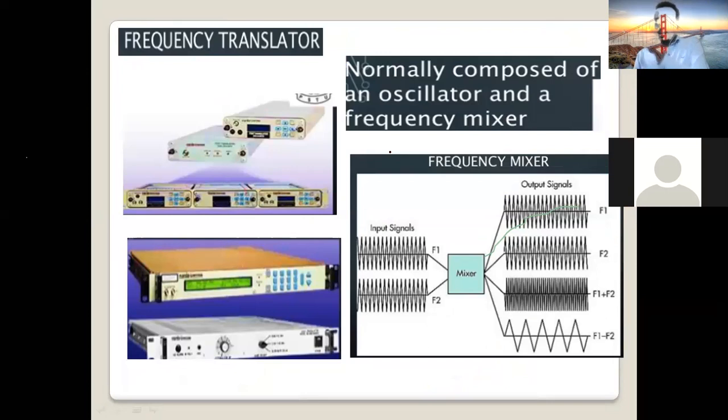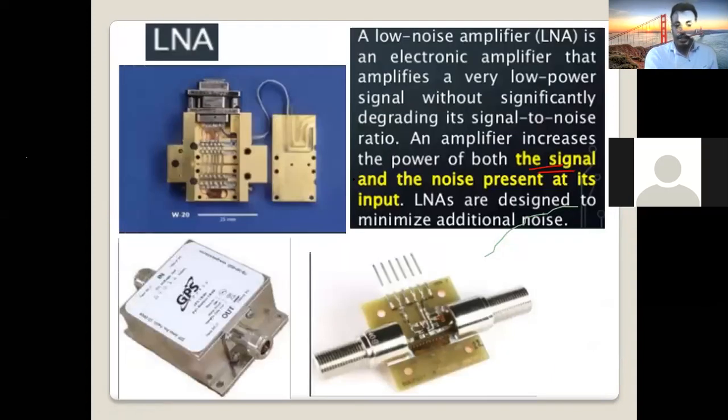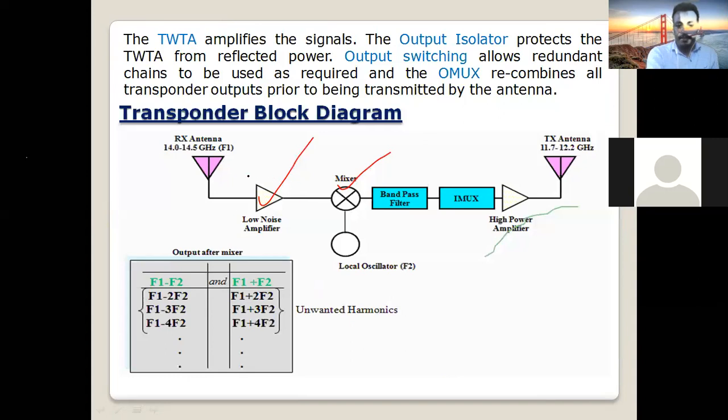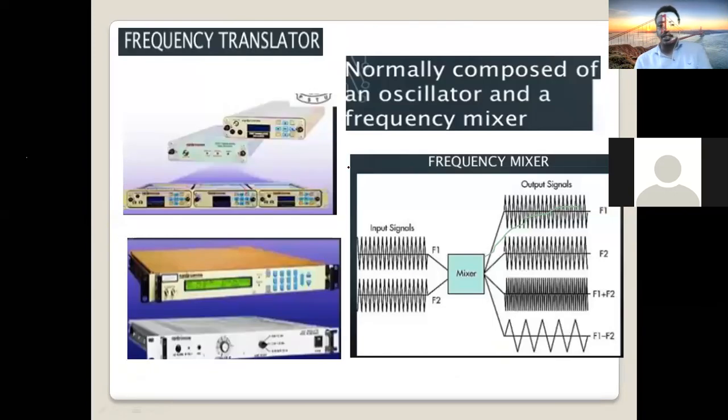The next component is the LNA. It amplifies 60 times. In this case, the gain is 60. That's the first component in the transponder, the LNA. What's the next component? The frequency translator.